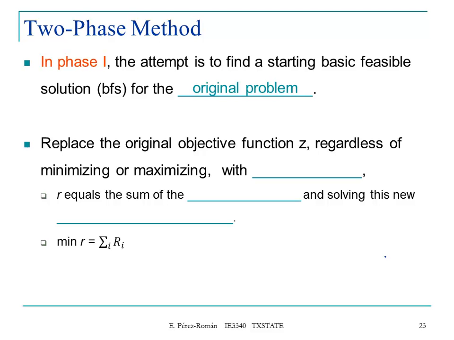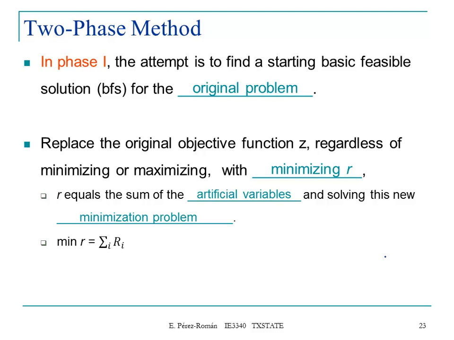We replace the objective function z, regardless of minimizing or maximizing, with minimizing r. R equals the sum of the artificial variables, and we solve this new minimization problem. So this is how the objective function is going to look. We're going to sum the artificial variables that we have.